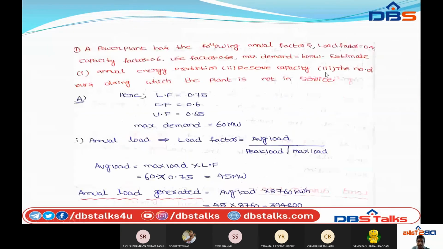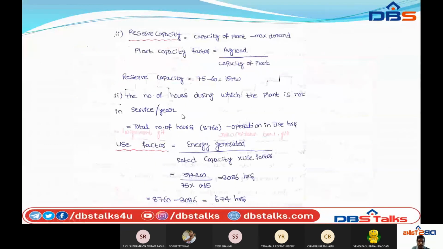Finally, the third, the number of hours during which the plant is not in service. It can be found by using total number of hours. We subtract the operation in use hours from the total number of hours. That means total number of hours, 365 into 24, minus operation in use hours. It can be found by using the use factor or utilization factor. It is the ratio between energy generated to rated capacity into use factor.